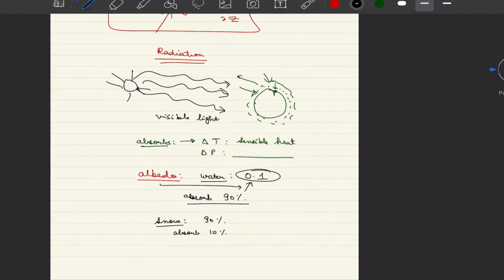Now, when we talk about measurement of evaporation or evapotranspiration, we would be interested in how much energy we are receiving, and we would be talking about the net energy that a surface is receiving. So we can look at the expression of Rn as Ri, that is what is incident, minus alpha times Ri, what is reflected back, and minus Re.